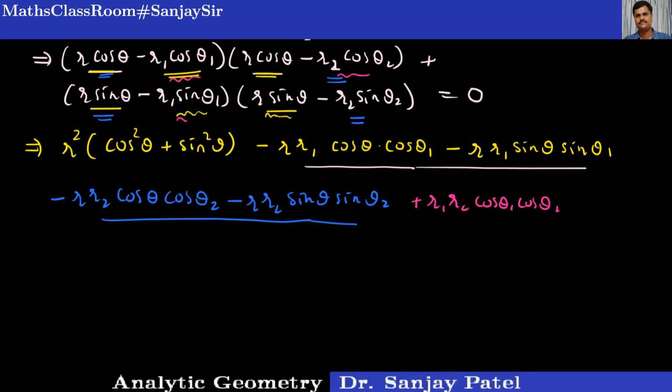This is again r1, and here also we have r2. So minus minus plus, so plus r1 r2 sine theta 1 into sine theta 2, and this is equal to 0. Okay, so let us simplify this.